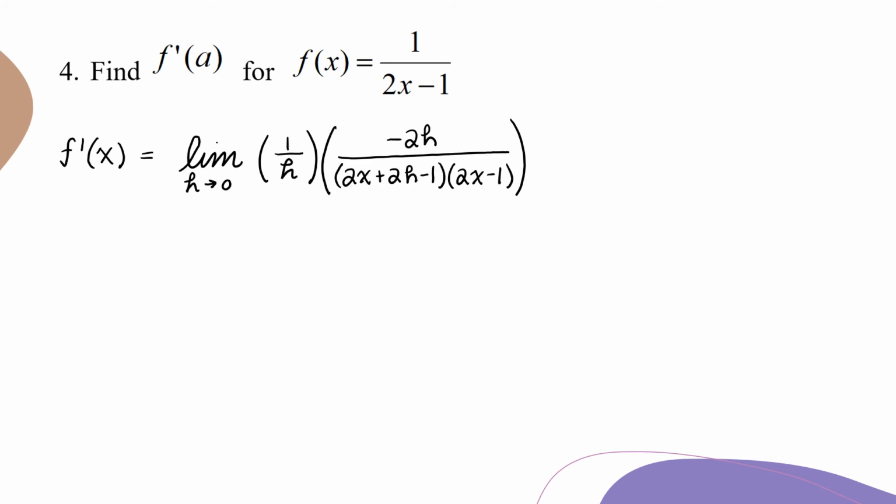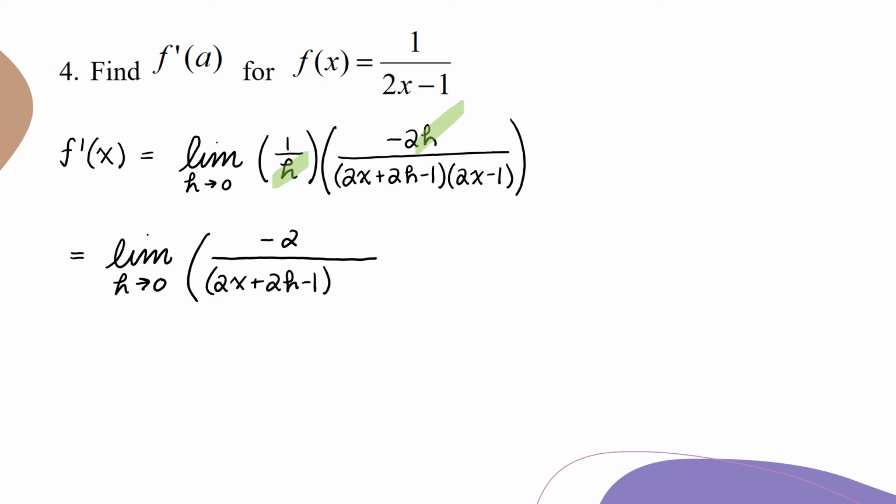Creating a little more space now, we can do some more simplification. We have a factor of h in the denominator and a factor of h in the numerator, so they will divide out. And we have that f prime of x is equal to the limit as h approaches 0 of negative 2 all over 2x plus 2h minus 1 times 2x minus 1.